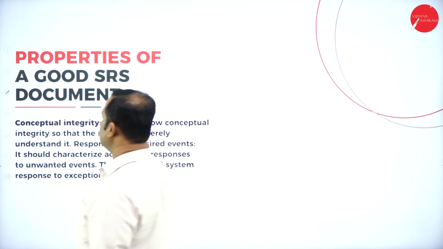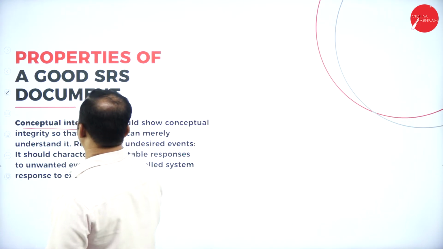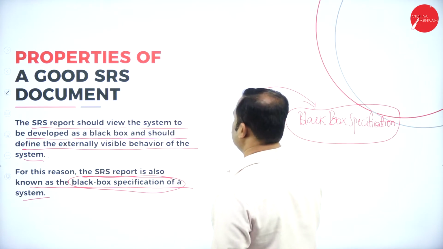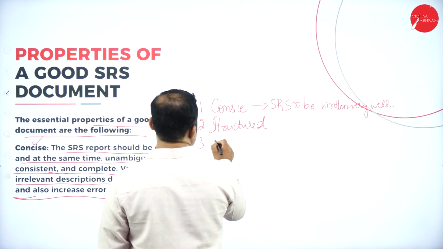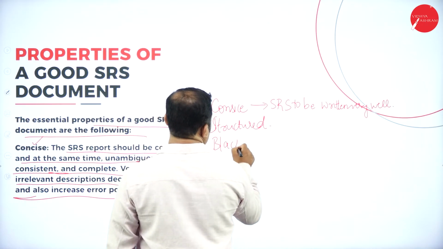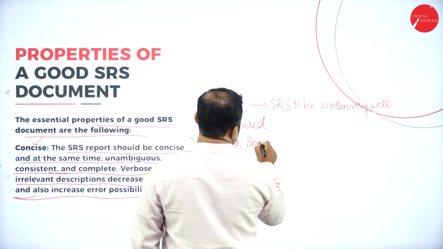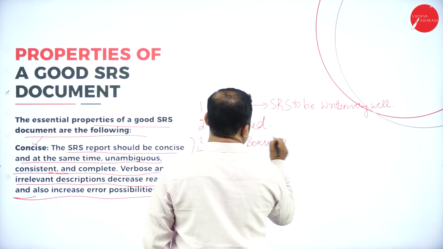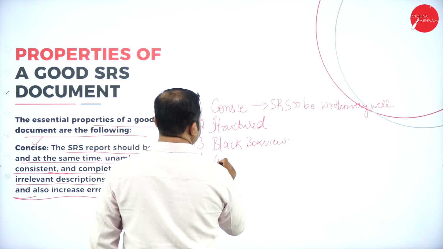If that is the case, conceptual integrity is another important property. Third one is black box view. Fourth one is conceptual integrity.